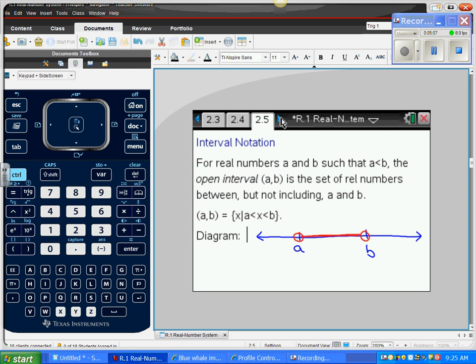You may also see it written with parentheses. And again, this means we're not including the values of a and b. So if you need a second to write that down, please do.